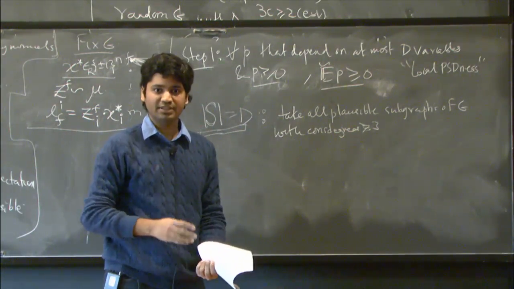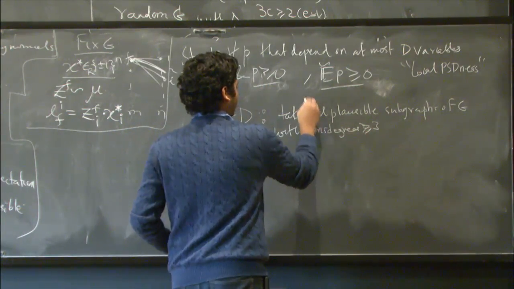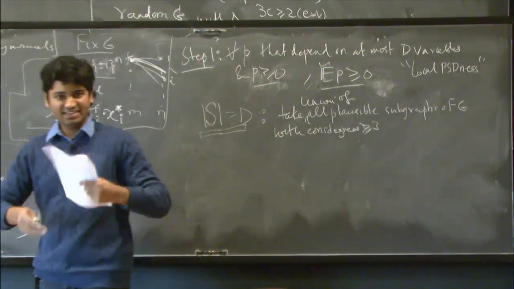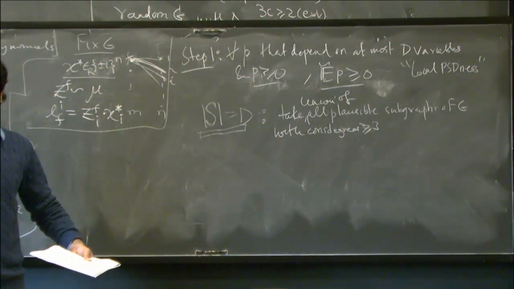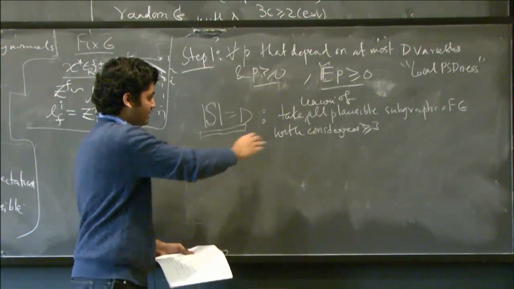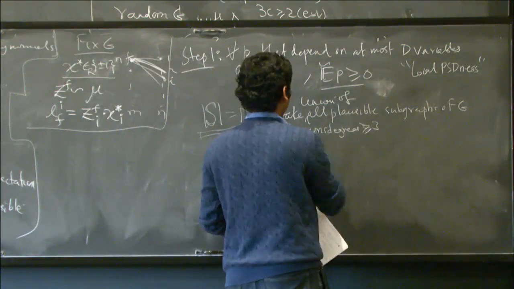Take all such subgraphs and take the union of all these subgraphs. So it's some collection of variables and some collection of edges in my factor graph. It turns out that it is easy to show that this graph cannot be large. In fact, its size is going to be small.